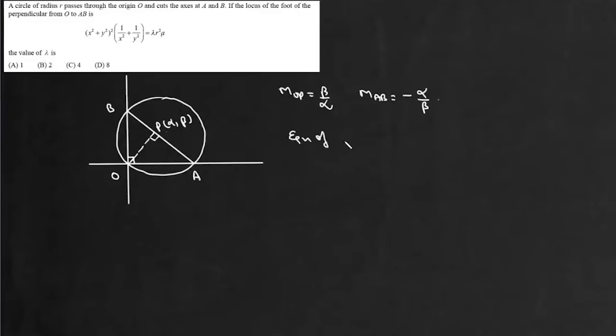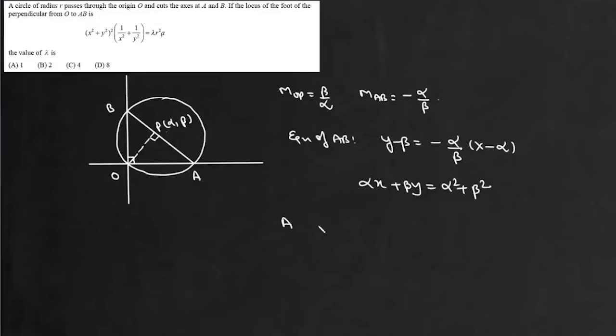Now once we have point and slope, we can write the equation of AB. So we'll write the equation of AB as y minus beta equals minus alpha upon beta into x minus alpha. So we'll get this equation as alpha x plus beta y equal to alpha square plus beta square. Now we'll find the intercepts.